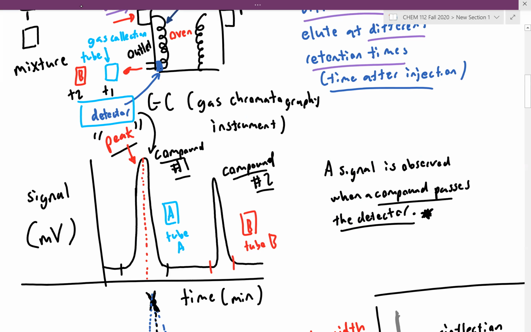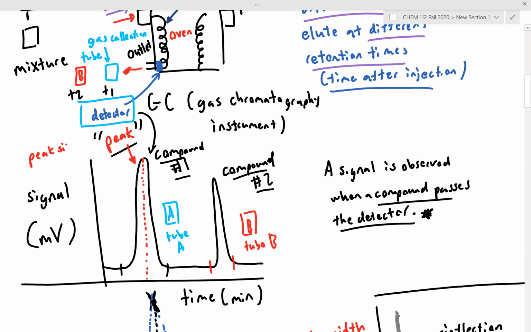So we see this signal as our sample exits the column and passes through our detector as a peak, where this peak size is proportional to the compound mass. Or to more correctly phrase it, the peak size is proportional to the mass of compound. So the more compound we have exiting our column, the greater the signal that we would observe in general.